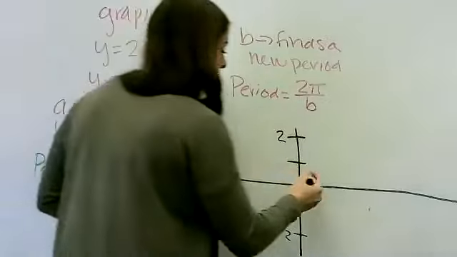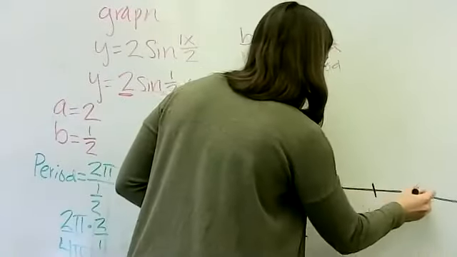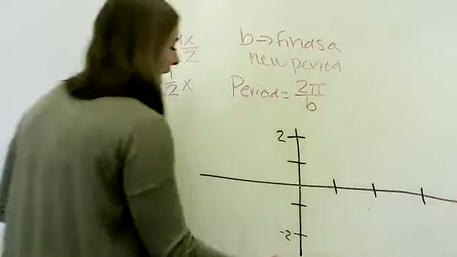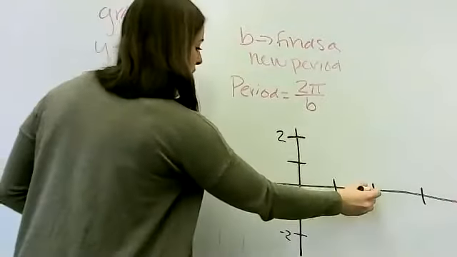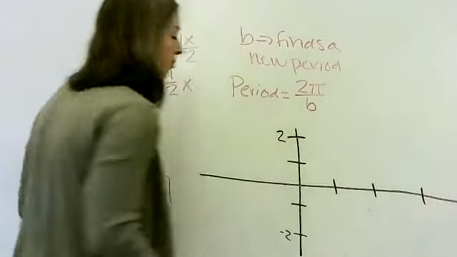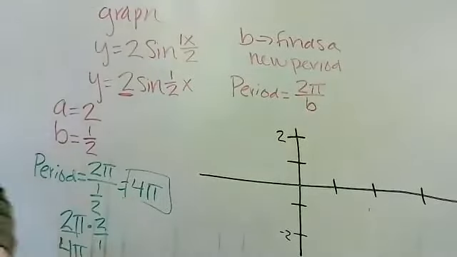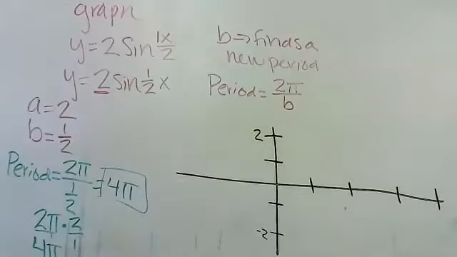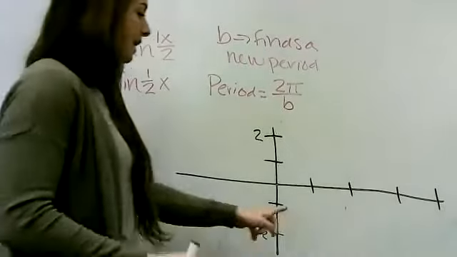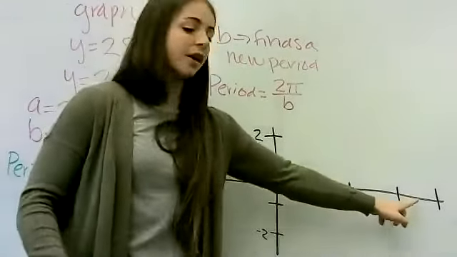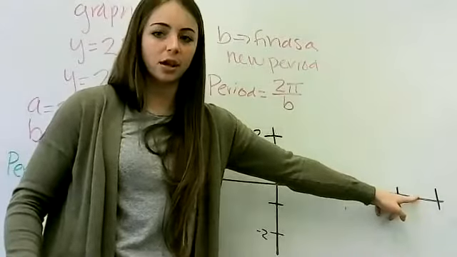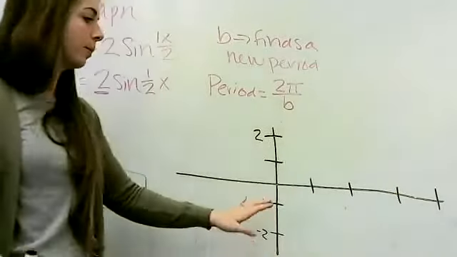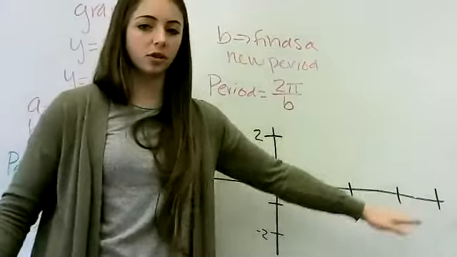When we think about a sine function, we have 1, 2, 3, 4, 5 points to it. We have 5 total points to it, but we end up breaking this up into 1, 2, 3, 4 different sections. Okay, so 5 points, but we break it up into 4 equal sections.